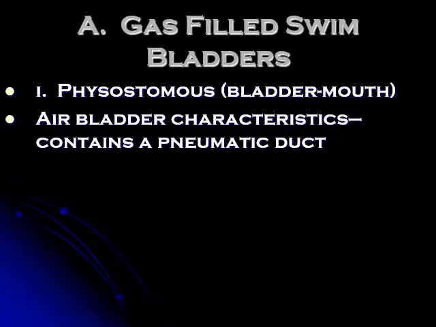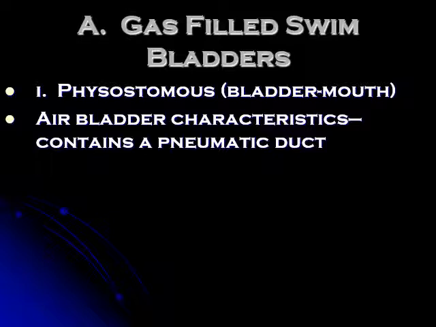So air bladder characteristics: it contains what's called a pneumatic duct. I'll have to draw this for you, and you'll have to incorporate this into your lecture notes later. But imagine the fish with the esophagus going straight back towards the stomach.